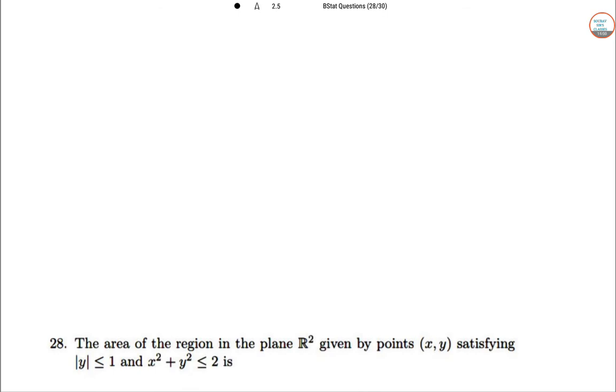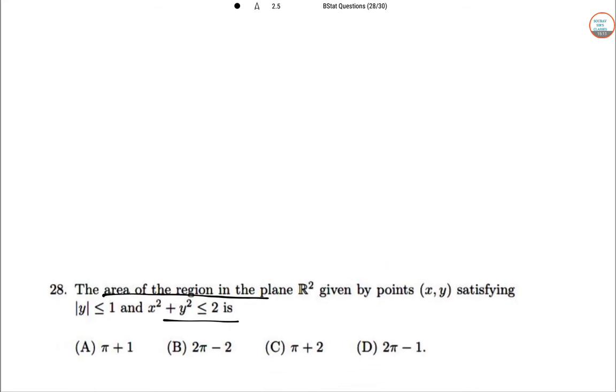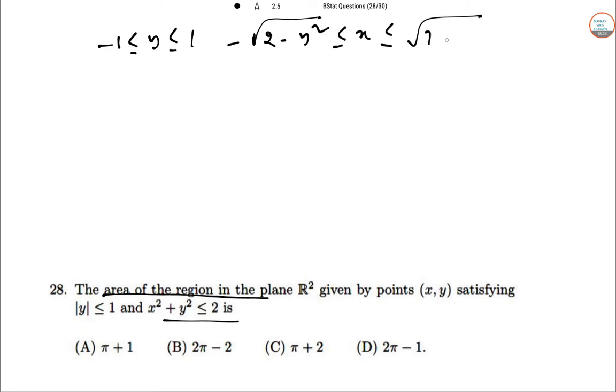Okay, this satisfies mod y equal to 1, this point also, and x square. So the area of the region we need to find out. So we parametrize the region with respect to this: minus the square root of 2 minus y square, less than or equal to x, less than or equal to the square root of 2 minus y square.